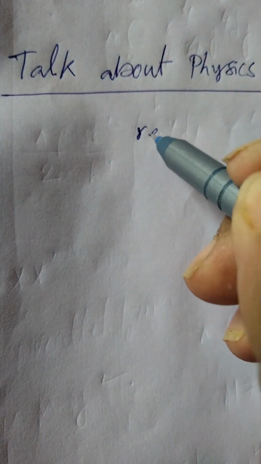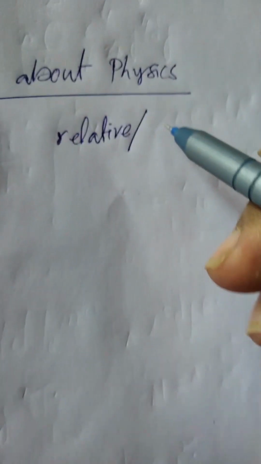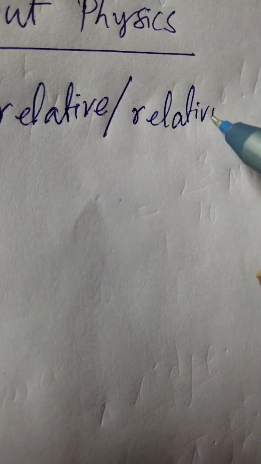So we will create the base of the frame of reference with the term called relative, or you can say relativity. I think most of us hear this term with Sir Albert Einstein and his general, sorry my camera is just moving, or special theory of relativity.